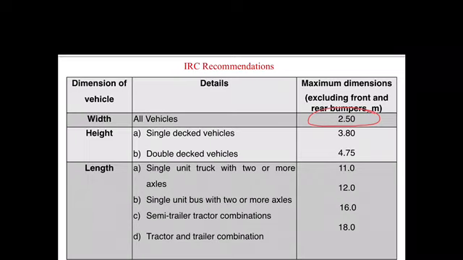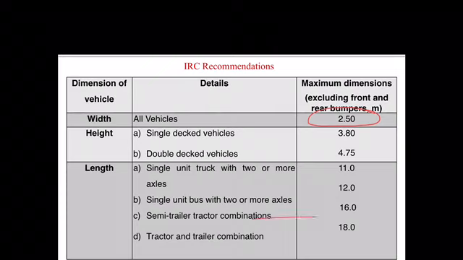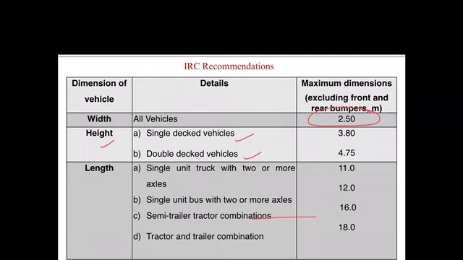Now, the height of the vehicles depends upon whether it is a single decked vehicle or a double decked vehicle. The maximum permissible height for a single decked vehicle is 3.8 meters, and double decked vehicles can go up to 4.75 meters.